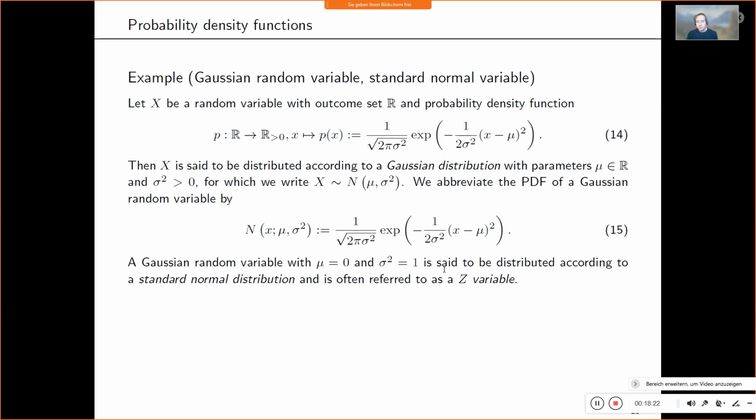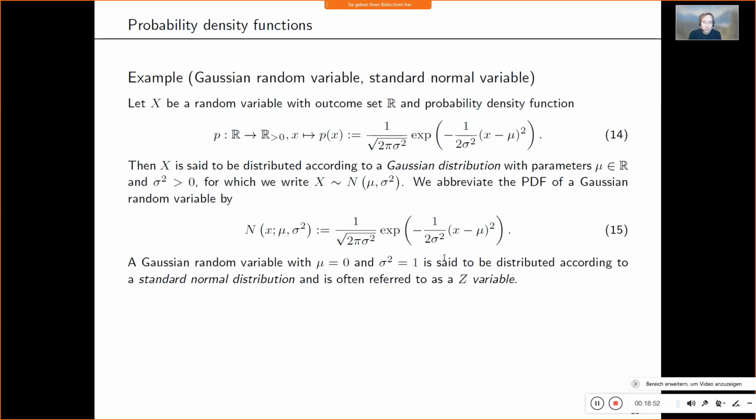Again, it's a function, a probability density function. Because mu and sigma square are parameters that you can vary, this actually defines infinitely many Gaussian distributions. There's a special Gaussian distribution, namely that with parameter mu being 0 and variance parameter sigma square being 1.